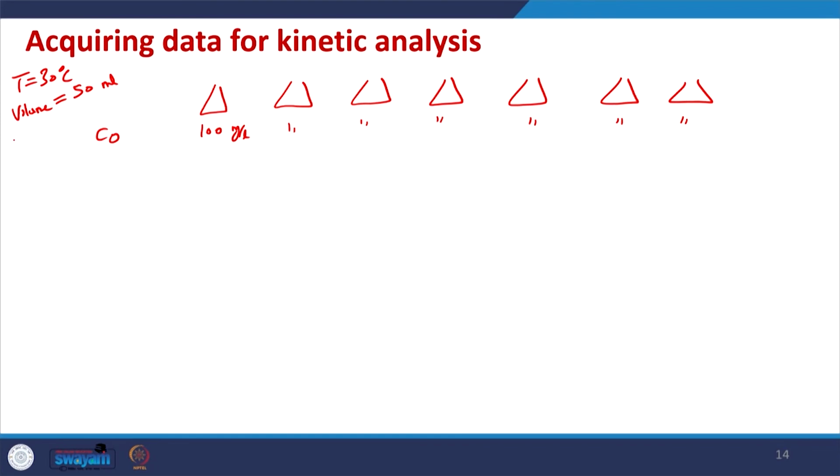Now, in each of the beakers we add some adsorbent, and that adsorbent mass is also fixed. Suppose for the time being we take a value of 1 gram, though this is higher, just for simplicity I am taking 1 gram. So, this is added in each of them.